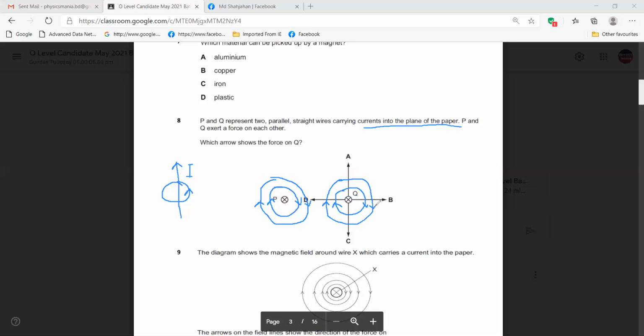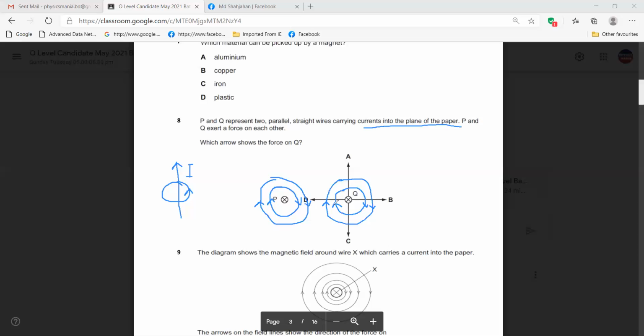So now look, the arrow direction for this one is upwards here for the left side. It is upwards, and for the right side it is downwards, right? Yes, sir. So we can understand that the closer part of the magnetic fields, their direction is opposite, right?